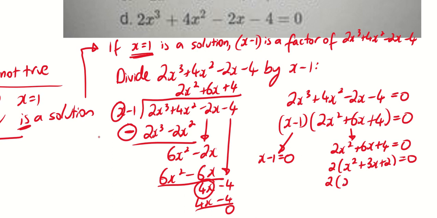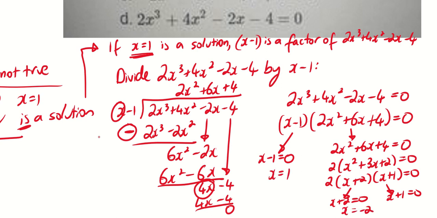It'll end up being x plus 2, x plus 1. So I'm going to end up with a bunch of solutions. So my solutions will be x equals 1, x equals negative 2, or x equals negative 1.